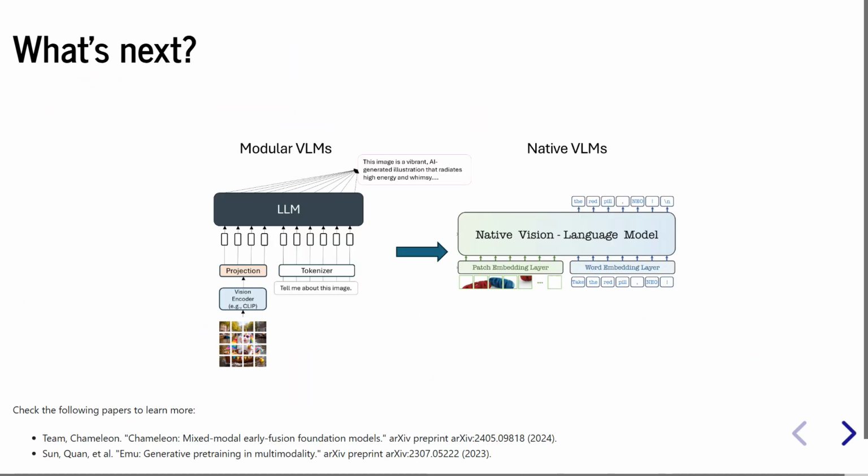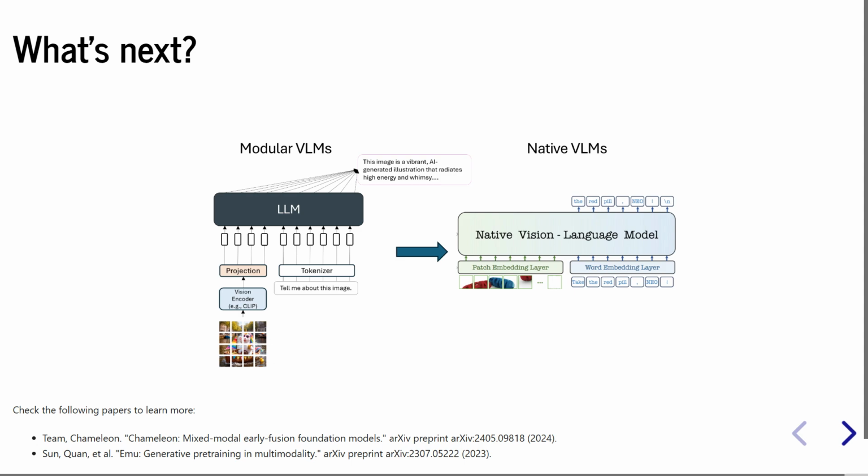So to conclude this lecture, I wanted to show you also what the current research is looking into in the multimodal model scenario. So until now, we saw with these Lava-based approaches what is called the modular vision language models. And the idea here, as I already said, is that we want to pre-process an image such that the image tokens are mapped in the same space of the text tokens, and then the whole sequence is provided in input to a pre-trained text transformer.